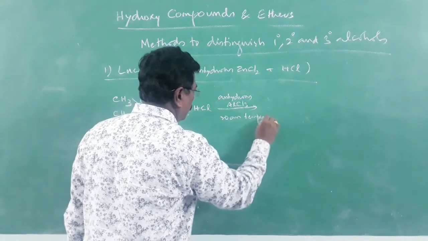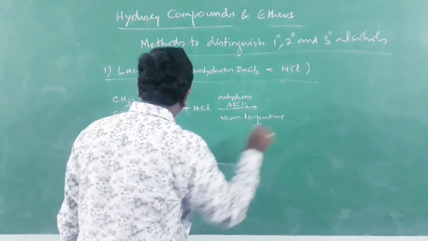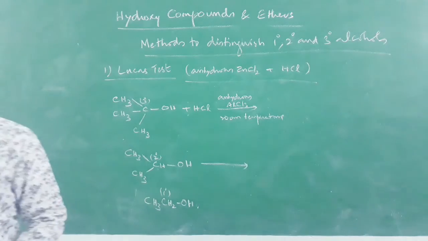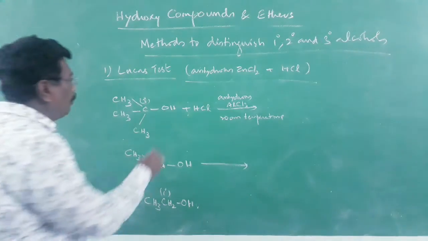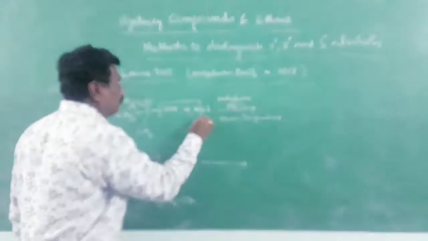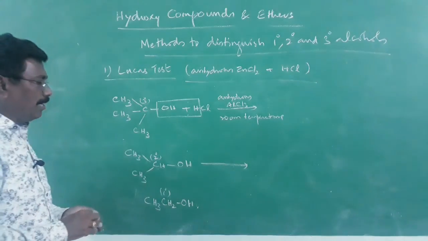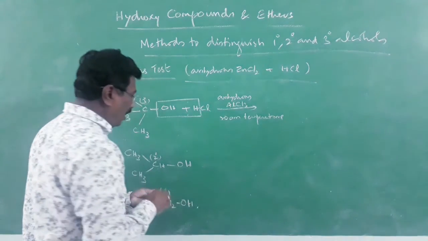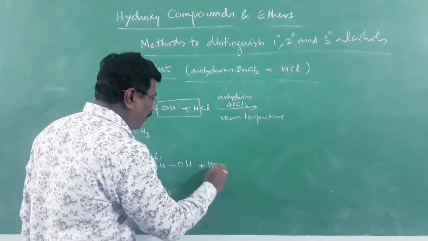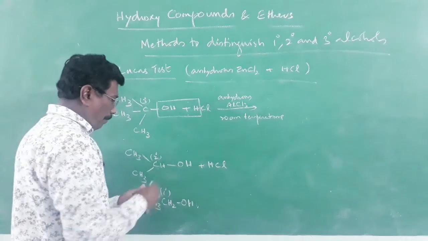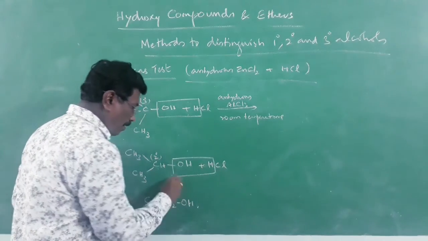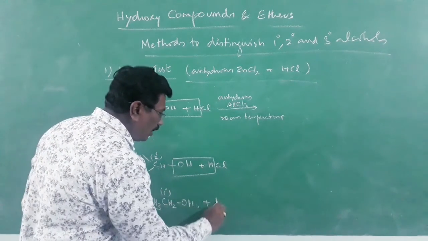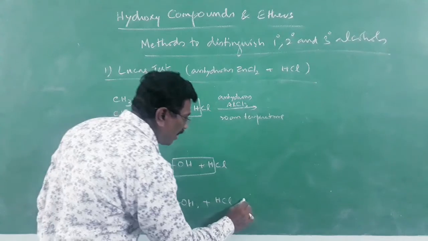Tertiary alcohol gives immediate turbidity. With tertiary alcohol, you will be getting immediate turbidity. Immediate reaction. That is the meaning. If it is secondary alcohol, the reaction takes place within 5 to 10 minutes. It will take some time. Primary alcohol does not react at room temperature.